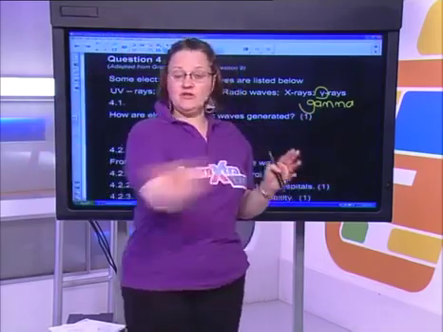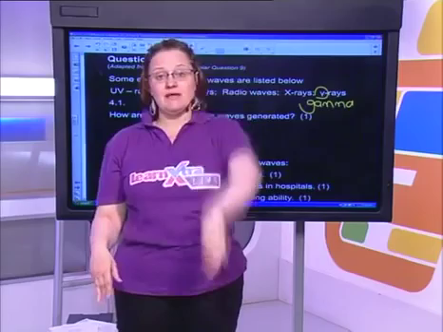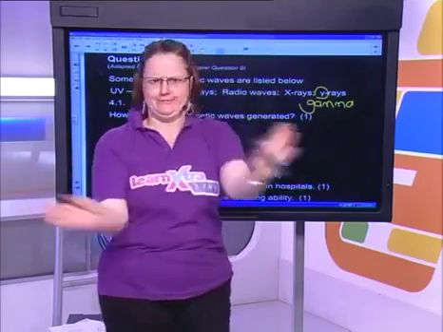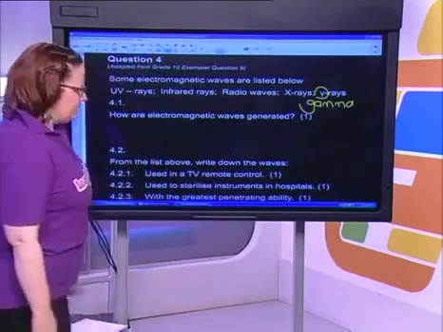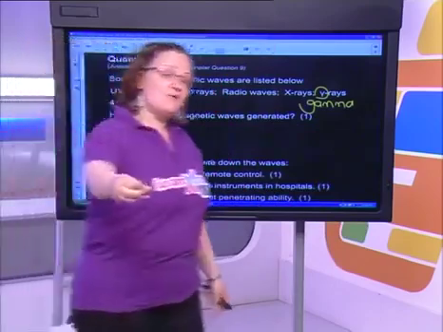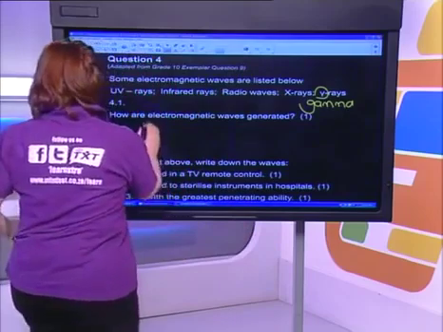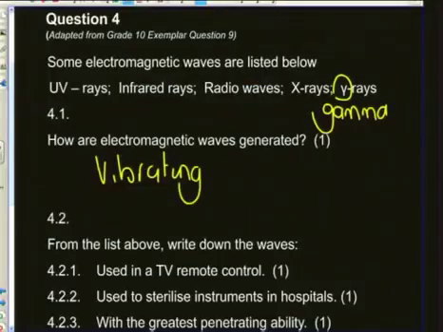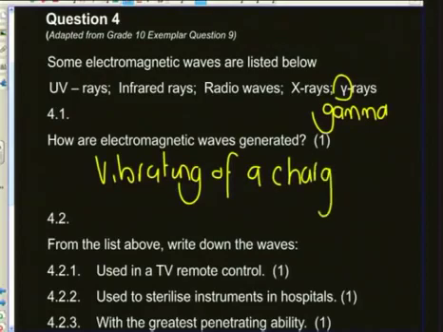So we get the electric field going in one direction, and we get the magnetic field. They're both going forward, but they go at right angles to each other, okay? How are they generated? Through the vibrating of a charged particle.